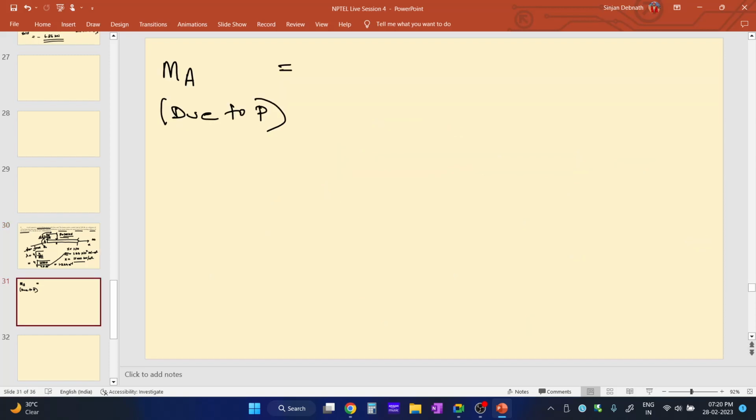It is P by 4 lambda, C lambda A, for a semi-infinite beam. In the last question, we solved the coefficients A lambda x, B lambda x. Here it is C lambda A.